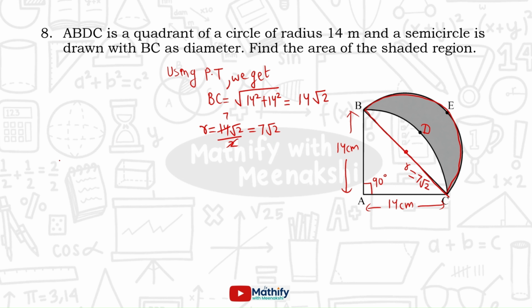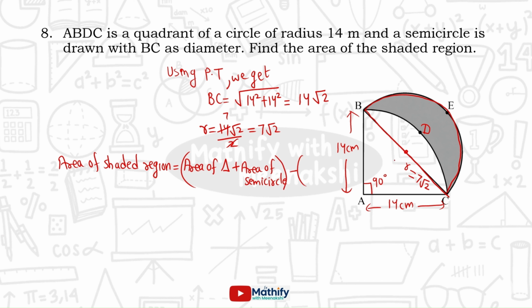Now, how will we get the area of shaded region? First, see the whole figure. That means area of triangle plus area of semicircle. That's the area of whole figure. From here, we have to subtract this quadrant because we don't need that.